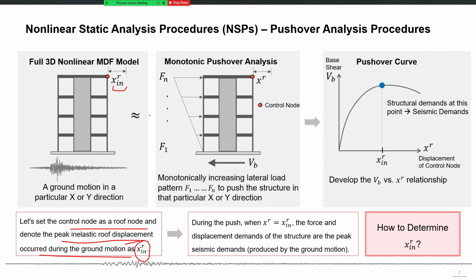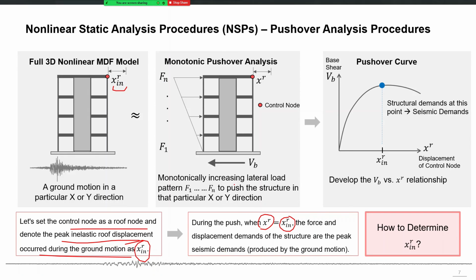So when we push the building up to this XR inelastic, which means that when our control node displacement is equal to XR inelastic, at that pushover step, all the forces and displacement demands of the structure are the peak seismic demands, or approximate demands, produced by that ground shaking.